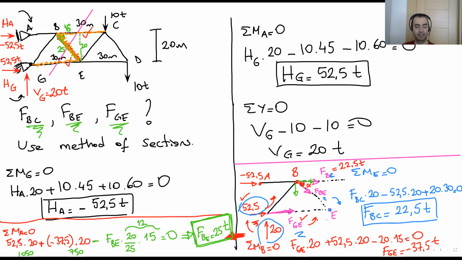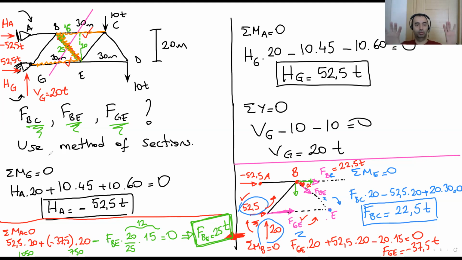We cut the system, we split the system from where we are looking for the forces. We are looking for these three forces. We cut the system from this pink line. This pink line cuts the forces we are looking for, as you can see.